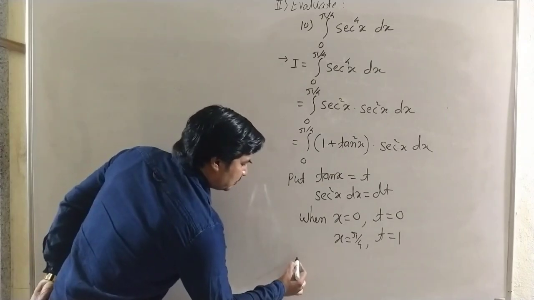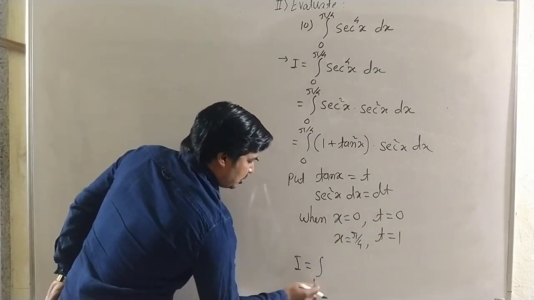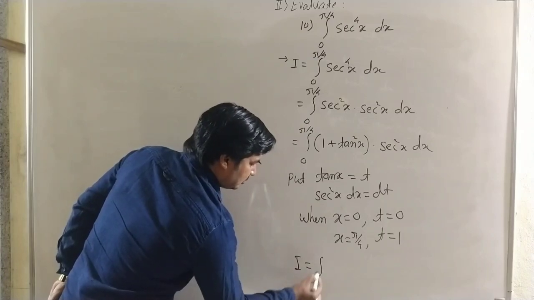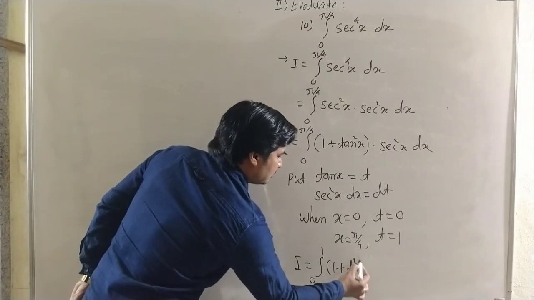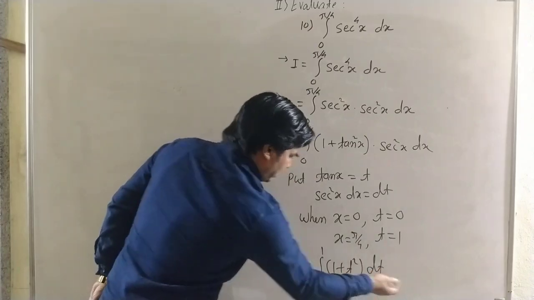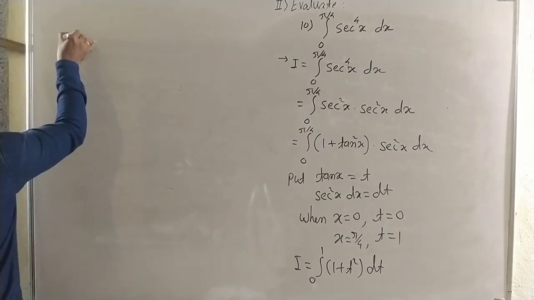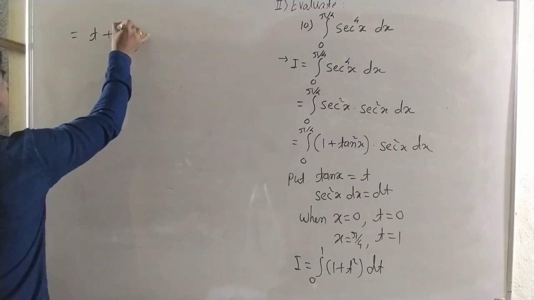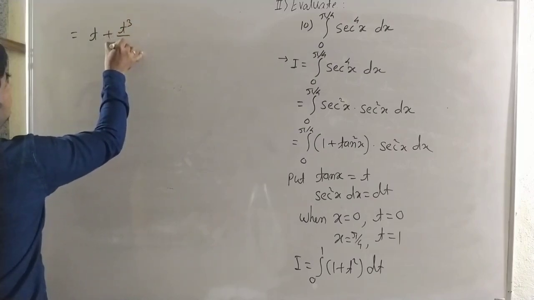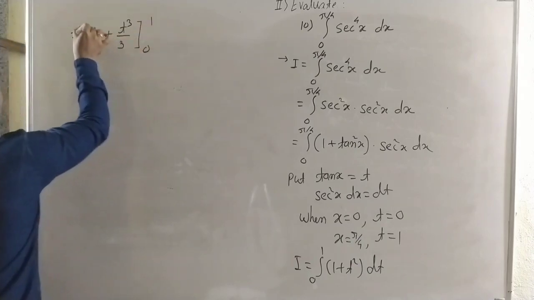Now our limit is 0 to 1, then the integral becomes 0 to 1, 1 plus t square into dt. And now we solve this integral, that is 1 plus t square. The integral of 1 is t, and the integral of t square is t cube upon 3, and limit 0 to 1.